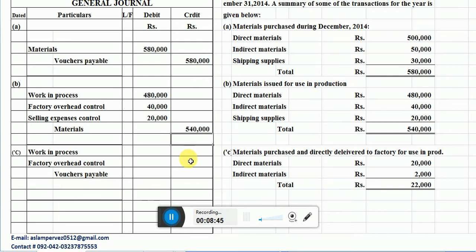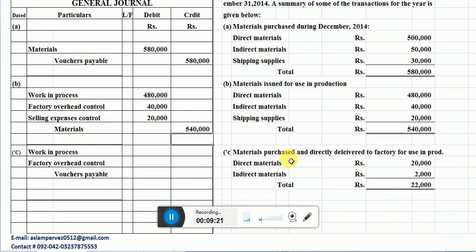Now we move to the third transaction here. Materials purchased and directly delivered to the factory for use in production. Students, this transaction is saying that the material is purchased, but this material is not going to the storeroom but directly to the production department.